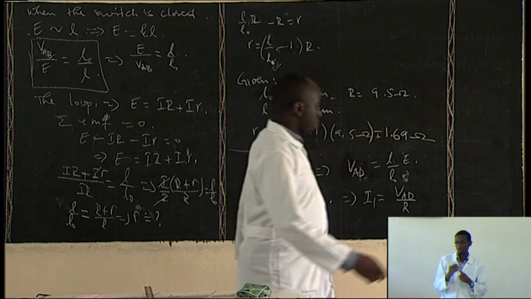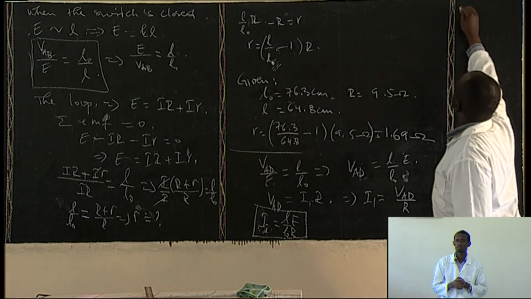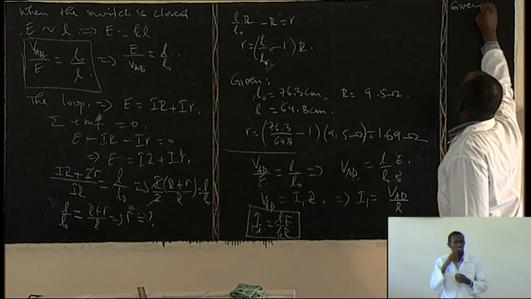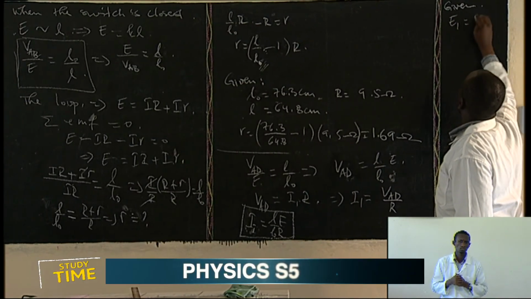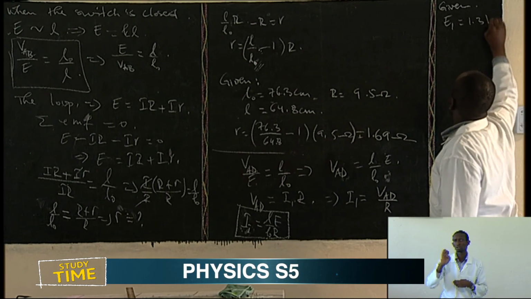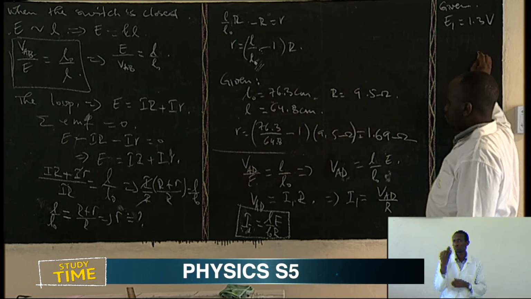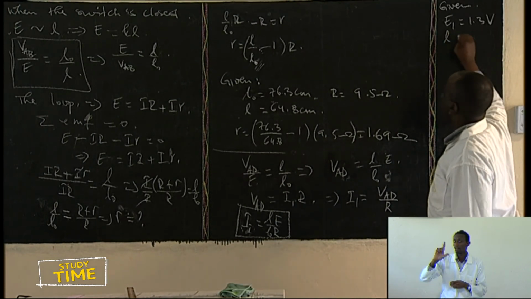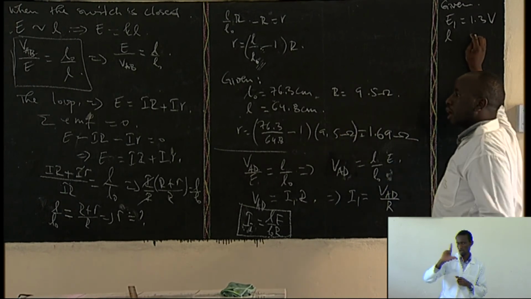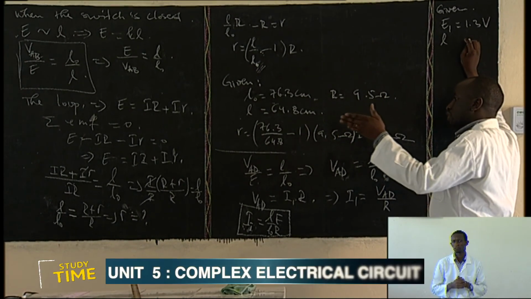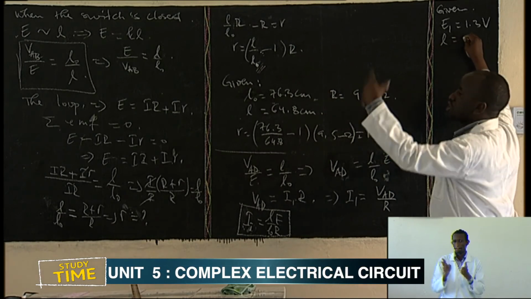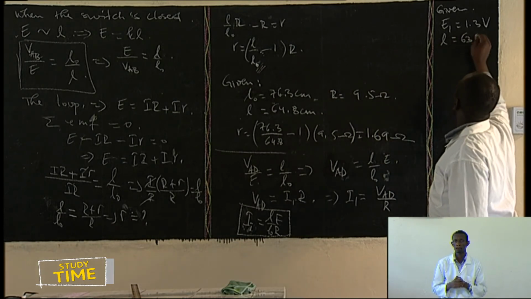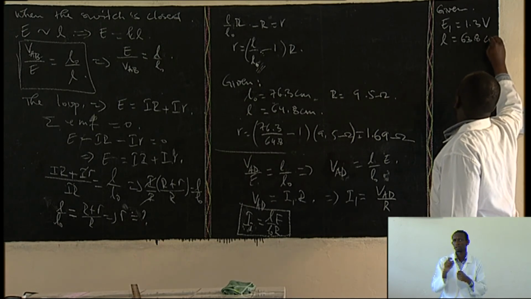Suppose that we were given E equals 1.3 volts, okay? Then we also have L at the balance point, let's use the one that we had previously, 63.8 centimeters.